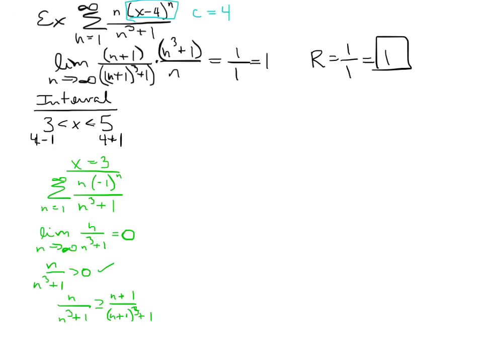You could also multiply and check this. All right, so it's decreasing, it is greater than 0, and the limit's 0, so this one converges, and we used the alternating series test. So it converges, so it gets an equal sign.